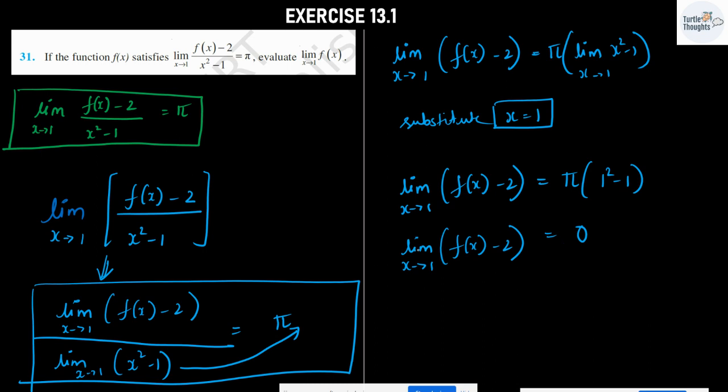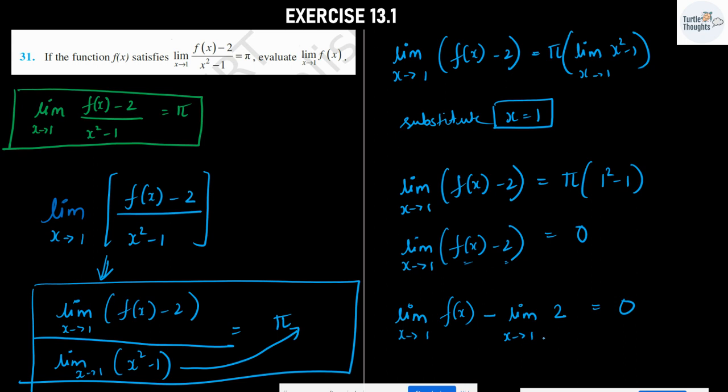Now I will be taking the limit for both of the terms. I can write this as the limit of the function f of x as x tends to 1 minus the limit of 2 as x tends to 1, and this is going to be equal to 0, right? Now, when x tends to 1, what is going to be the limit of 2?